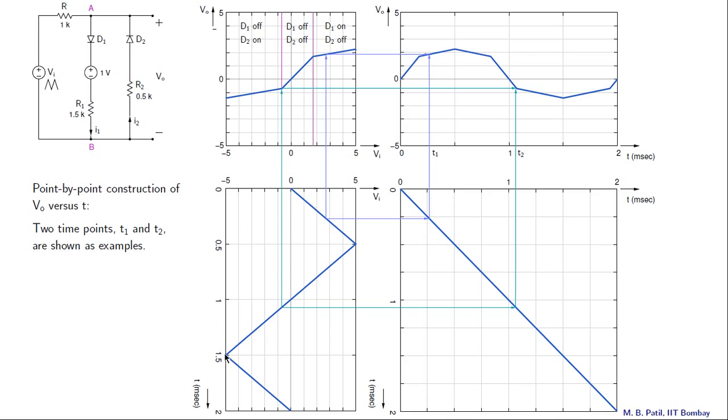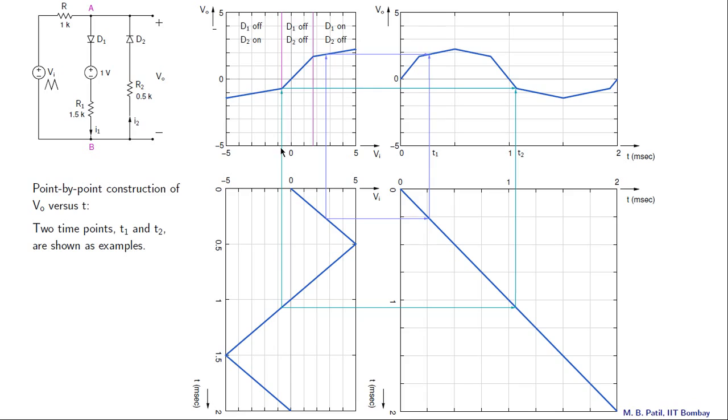This is the time axis. Vi varies between minus 5 and 5 volts. And what we have shown here is one cycle. Since our frequency is 500 Hertz, the time period is 2 milliseconds. And that is what we have over here, 0 to 2 milliseconds.